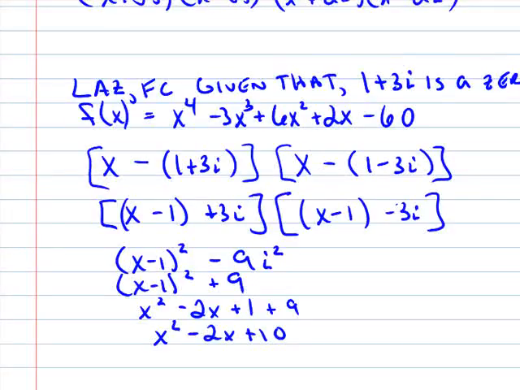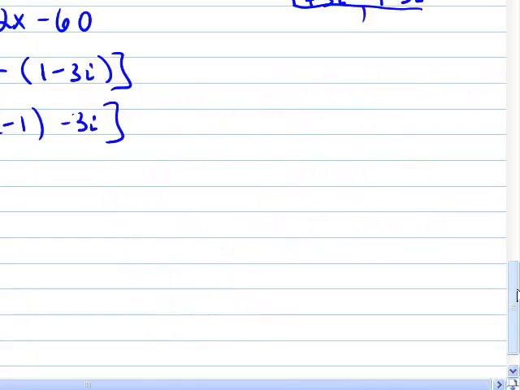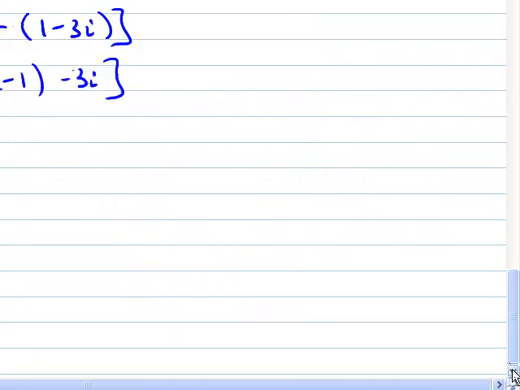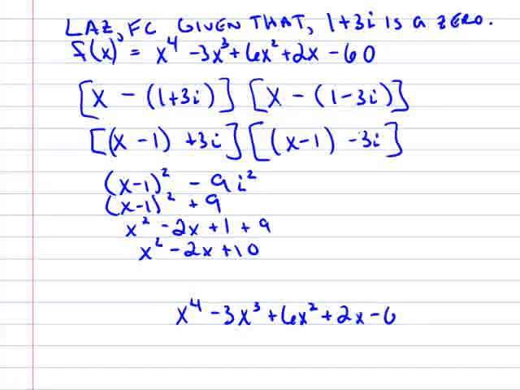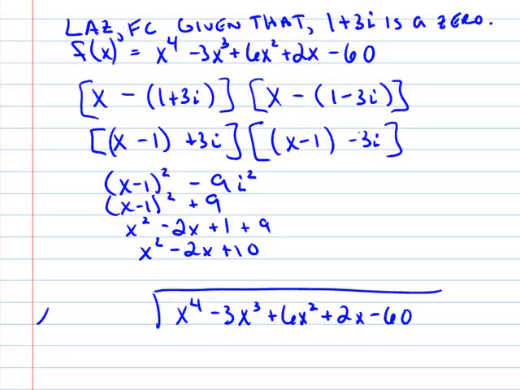Okay, what I was saying was I was going to divide this into our original. So our original is x to the 4th minus 3x to the 3rd plus 6x squared plus 2x minus 60. And I am dividing x squared minus 2x plus 10 into that.